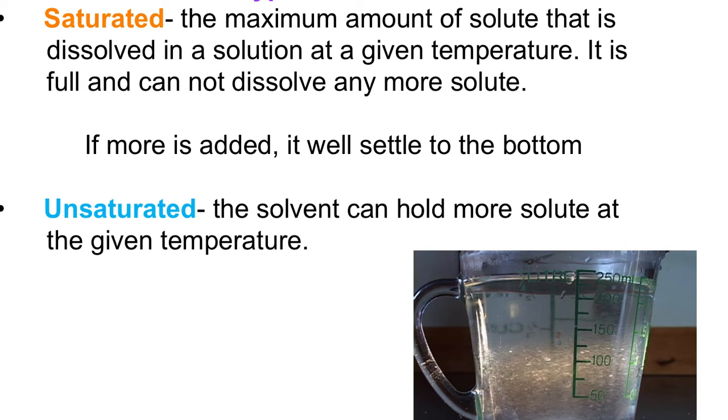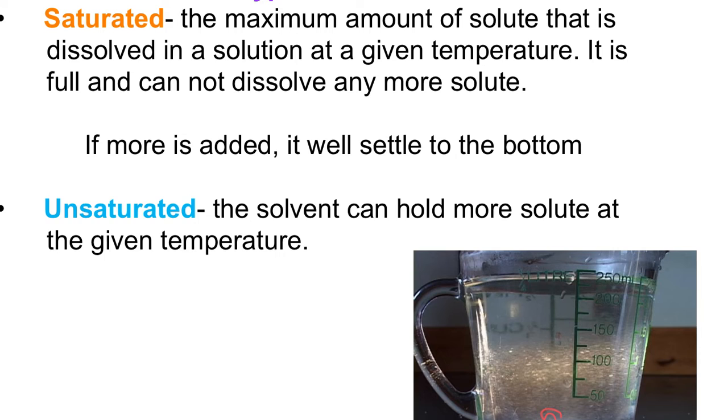You put the salt in here, and down at the bottom, it's all still in a solid form sitting at the bottom. We would say that this solution is saturated. In other words, it's full. It can no longer dissolve any more of the solute.